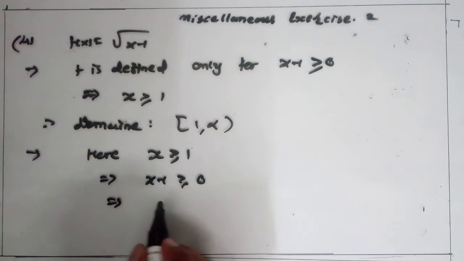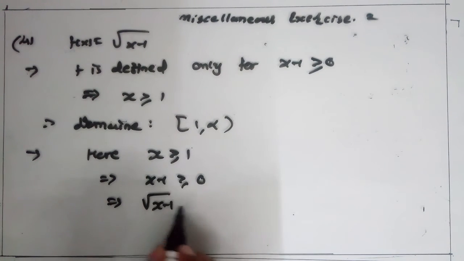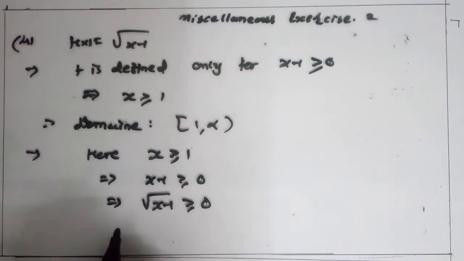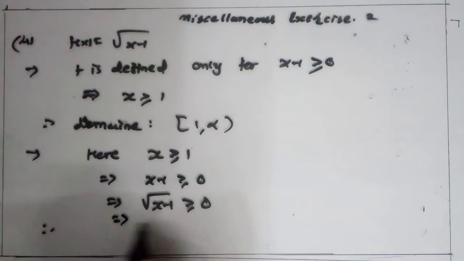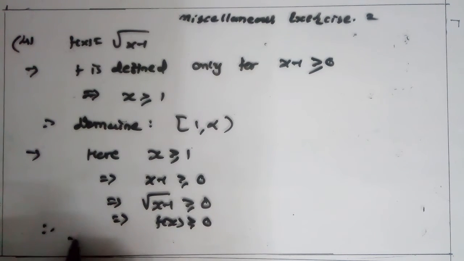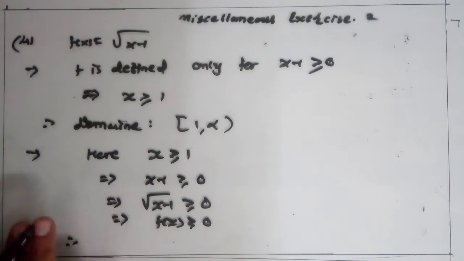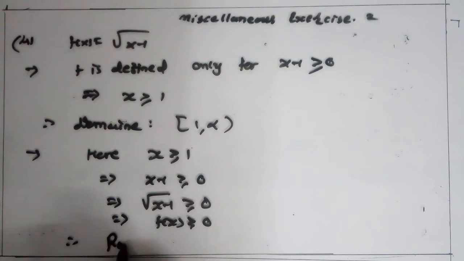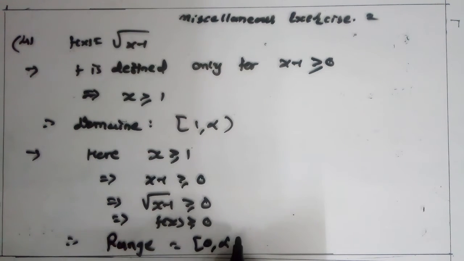So this implies the root of this is all real numbers greater than or equal to 0. Therefore here f(x) is greater than or equal to 0. So the range of this is equal to the closed interval 0 to infinity. Clear?